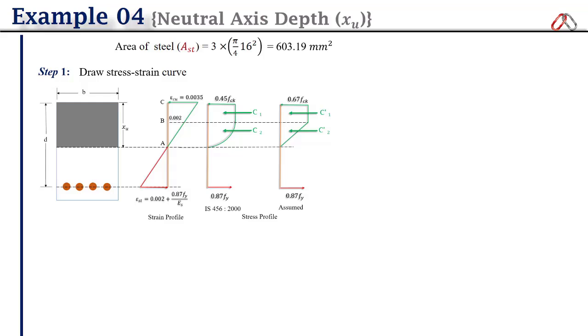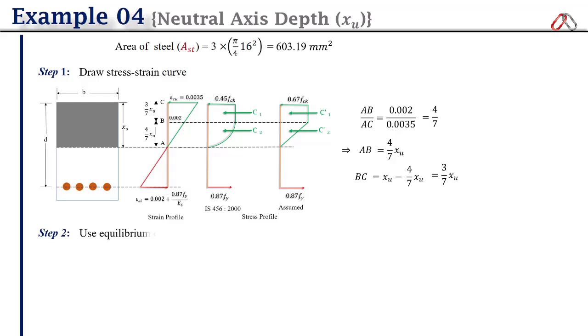If we consider similar triangles, then AB upon AC will be 0.002 upon 0.0035. It will be 4 upon 7. Hence, the value of AB will be 4 by 7 XU. On the other hand, the value of BC will be XU minus 4 by 7 XU, that is 3 by 7 XU.